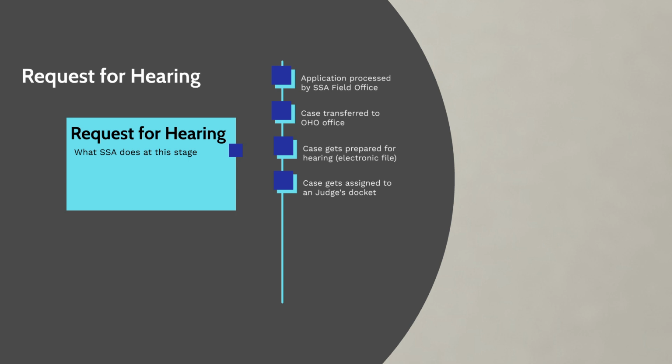So first, you file an application. It gets processed by your local Social Security office. Then the case gets transferred to the OHO office, which is the Office of Hearing Operations. They then take the case and prepare an electronic file, because if you're going in front of a judge, your attorney is going to get access to all of the paperwork in your case, and they do that through an electronic file.